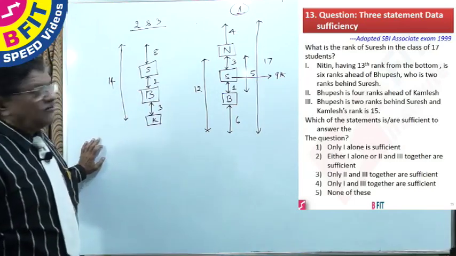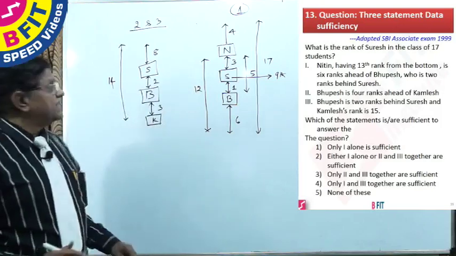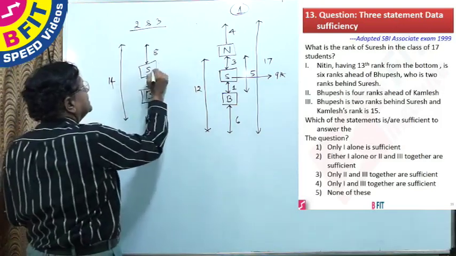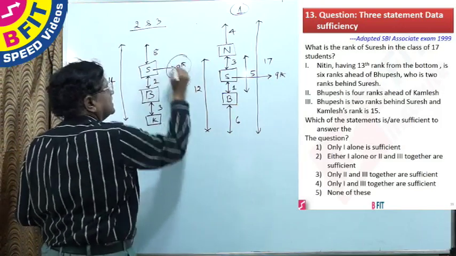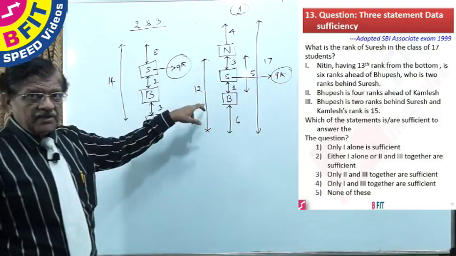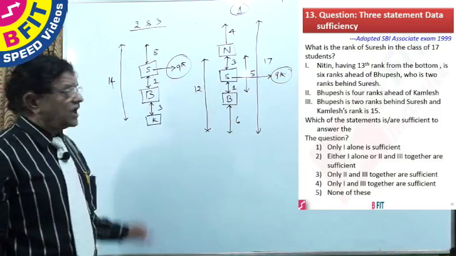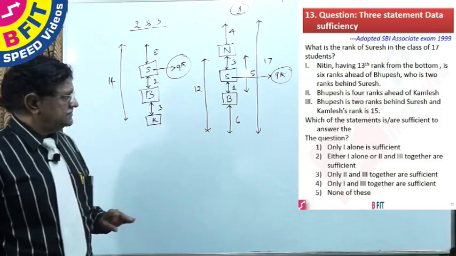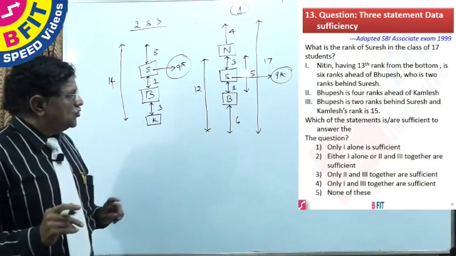So what is the question asking? What is the rank of Suresh in the class? Suresh's rank is 9th. So from statement 1 also we can arrive at the answer, and combining statements 2 and 3 also we can arrive at the answer.